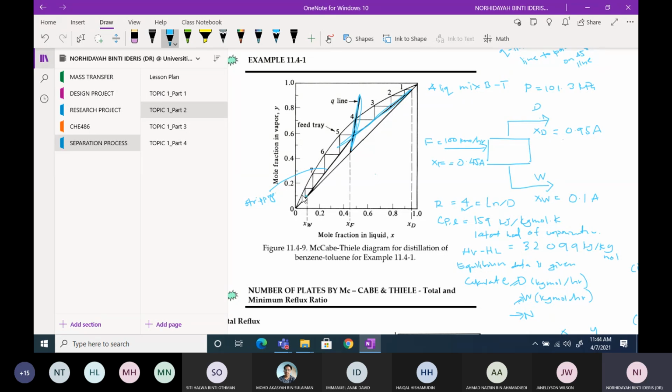Just drag the line to the intercept between the enriching line and the Q line, and that will give you the stripping line. So there's no need for you to calculate for the equation. Just drag from SW at the 45-degree line to the intercept between the Q line and the enriching line.